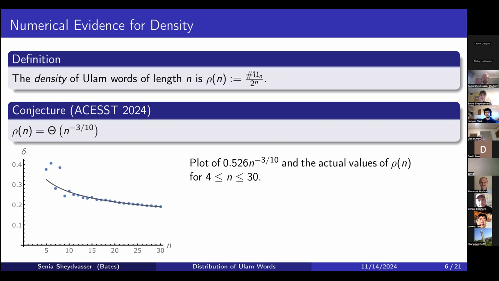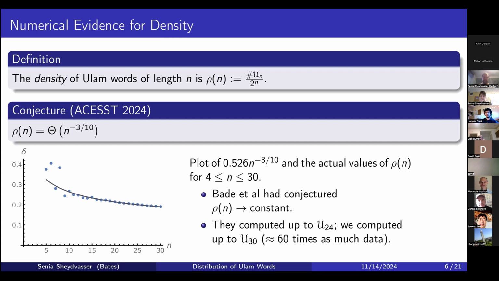And note what this means is that there should be about n^(-3/10) times 2^n words of length n. So in particular, it's exponential, just significantly more than linear.